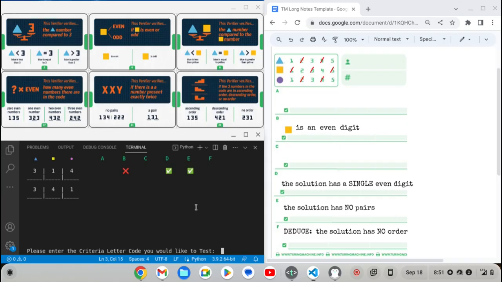Okay, so let's go ahead and test criteria card A. Okay, lucky break. We were able to get triangle pinned down in one test. So it is true that triangle is equal to 3. So let's go ahead and type that up.